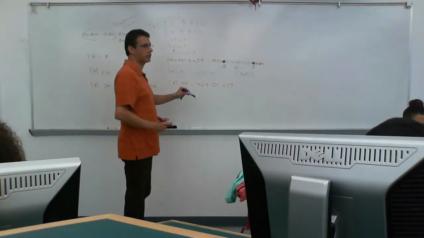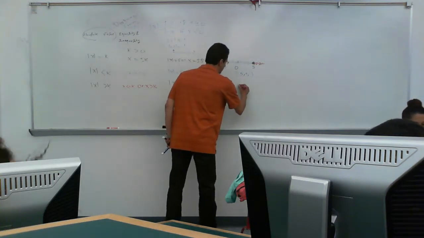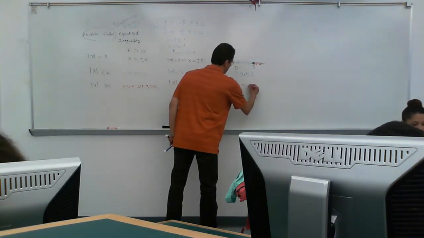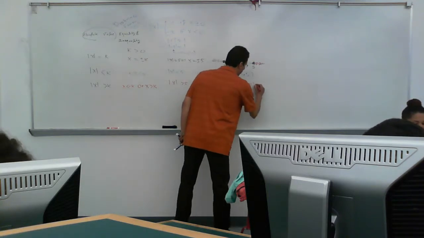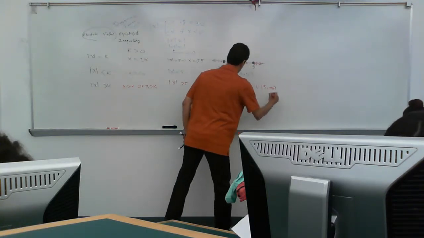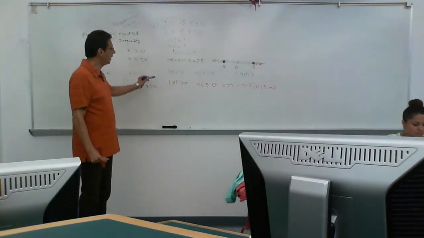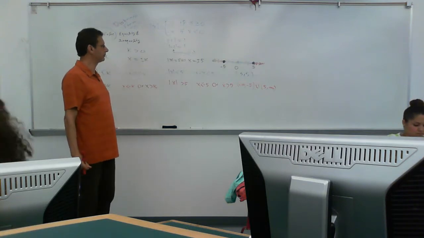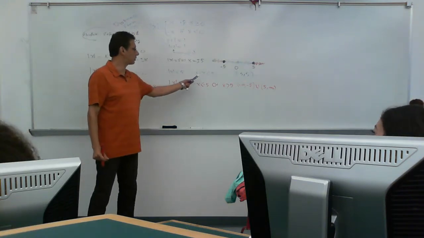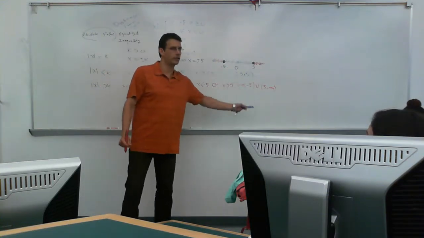In this case, x is less than -5, that means go from -infinity to -5, union 5 to infinity, when x is larger than 5. So, here's the inequality, here's the solution. Here's the graph, here's the inequality.